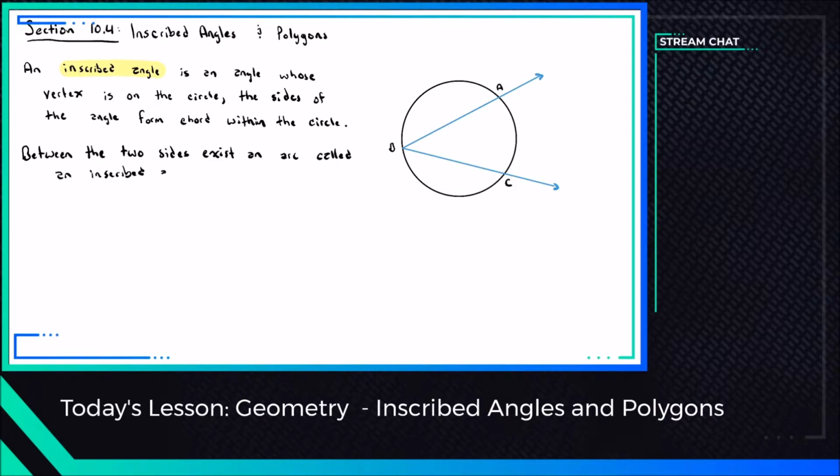And I'm going to highlight that arc now in red. And so that's going to be from A all the way to C. So in red we have our inscribed arc, and in blue we have our inscribed angle.